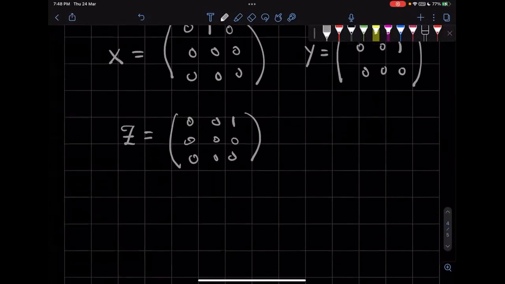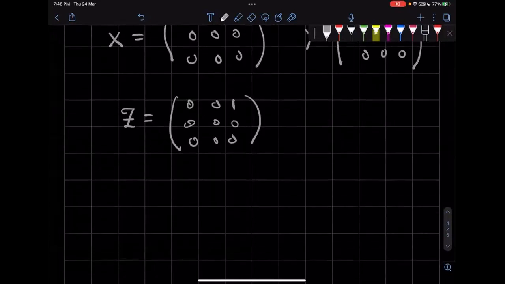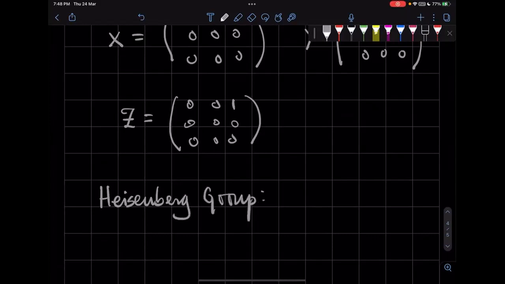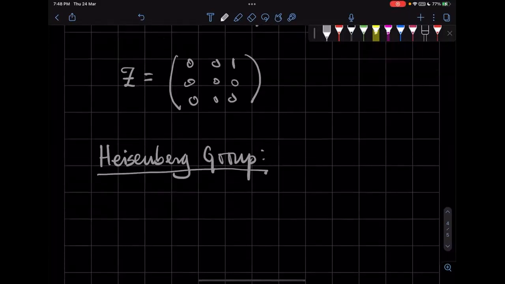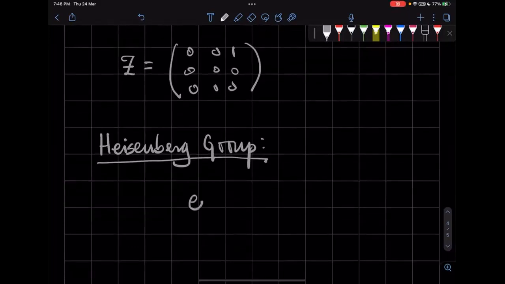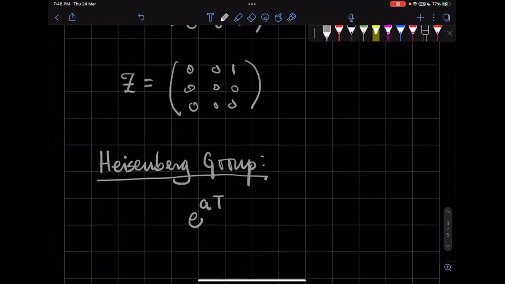Elements of the Heisenberg group are generated in the usual way. So you take e to the a T, where T is one of these generators or a linear combination, and a is a real number.